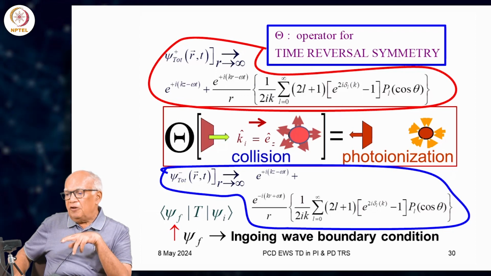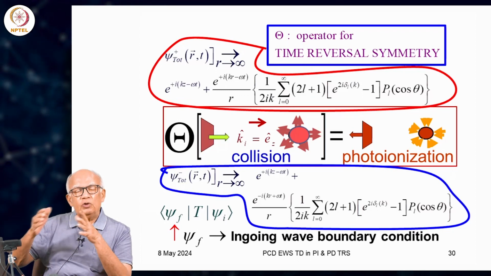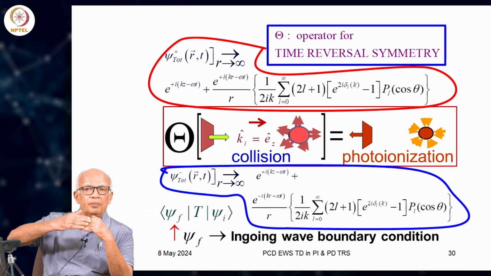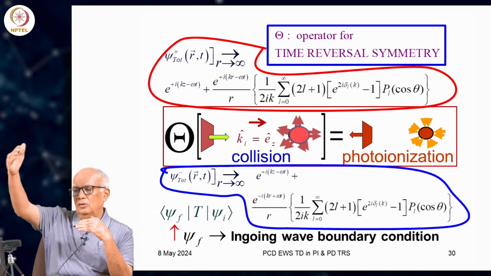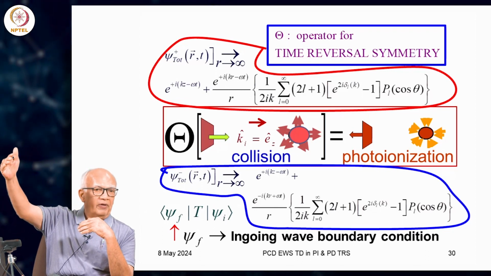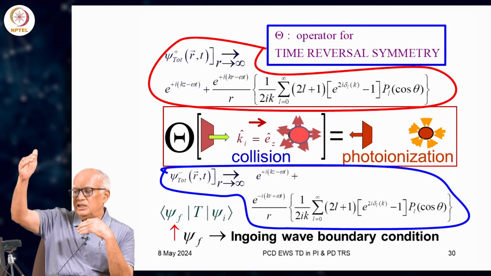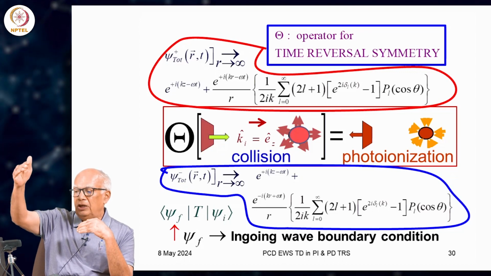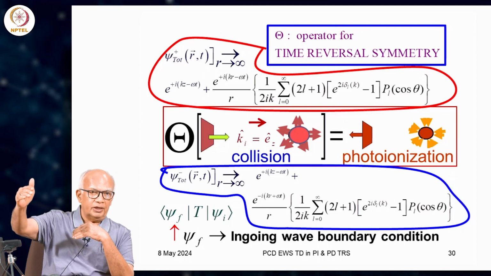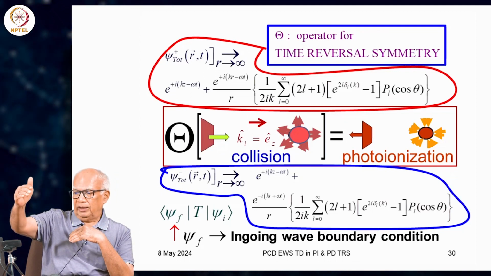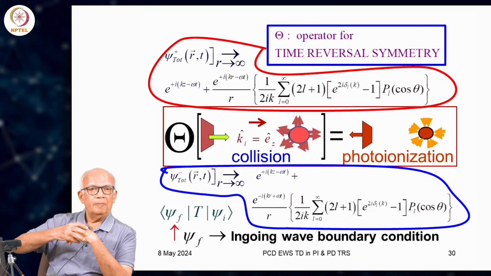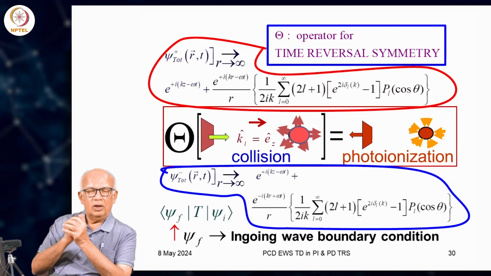And because it is different, if you consider photoionization in which an electron from an initial state goes into the continuum and you use the continuum wave function, these continuum wave functions must be obtained according to the ingoing wave boundary conditions and not the outgoing wave boundary conditions. I think some of this work was earliest done by Bethe and his collaborators.